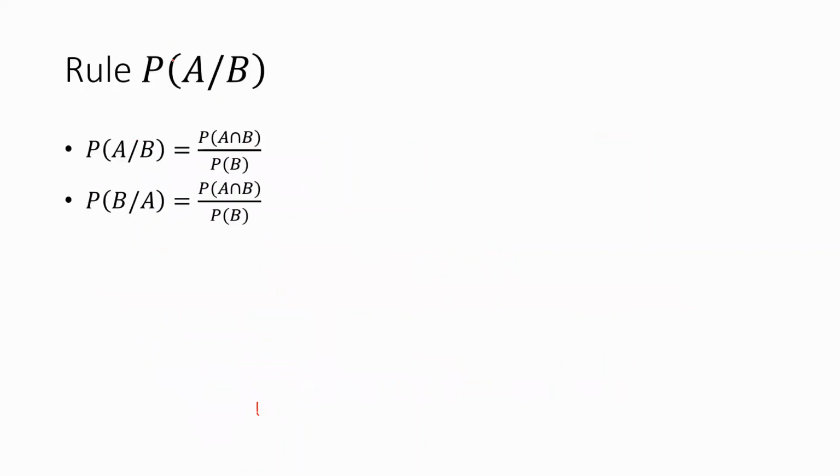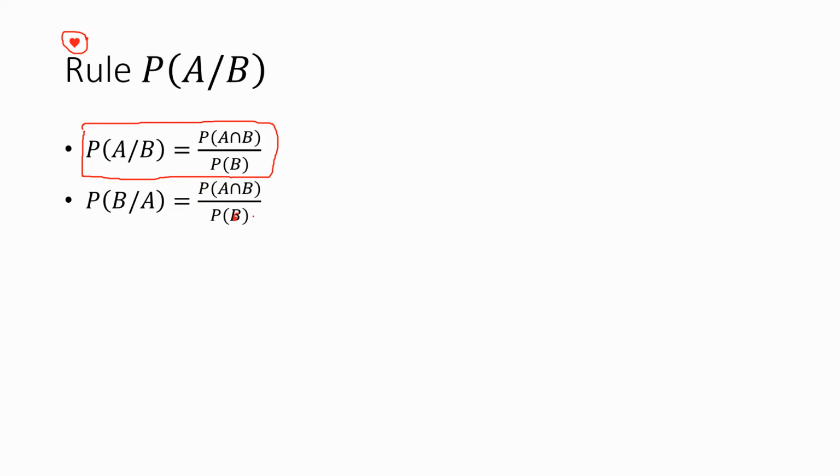So the rule: probability of A given B equals probability of the intersection over probability of B. By the same way, we can prove probability of B given A equals probability of A intersection B over... this is not correct.